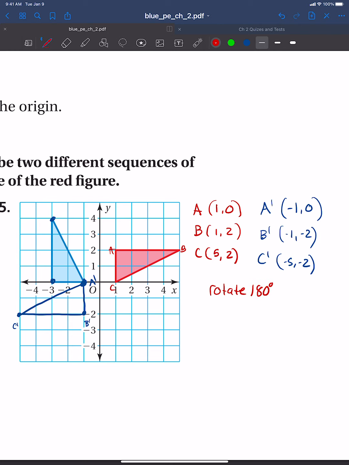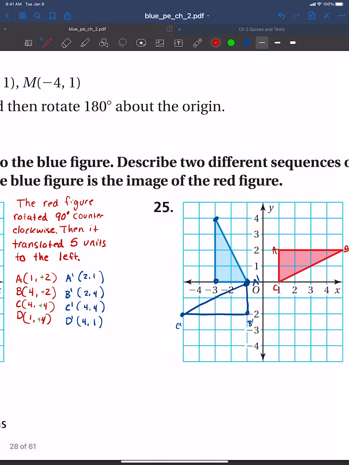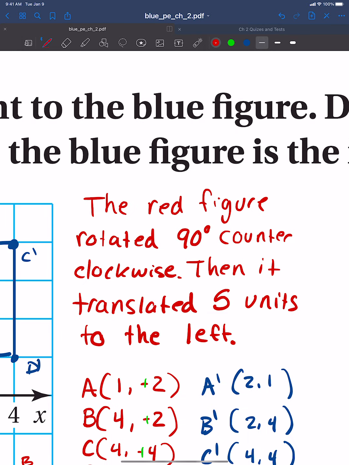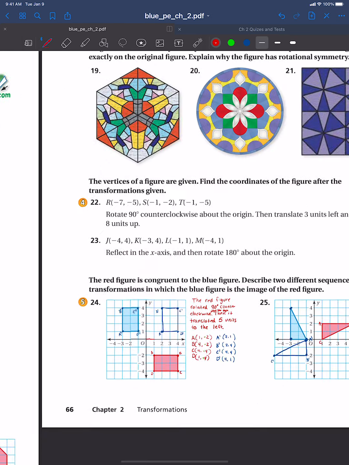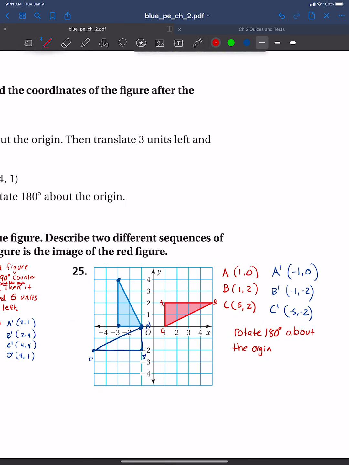Rotate 180 degrees. Remember, it doesn't matter clockwise or anything, but I do want to say about the origin. And I think I forgot to say that over here. The red figure rotated 90 degrees counterclockwise about the origin. That's super important, because look what my second step was.